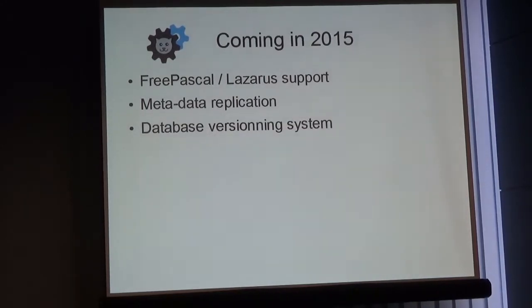Database versioning system: what I mean by that is we intend to push it a bit further so that you could have access to the back versions of the records. Currently, if there's a change, I just store the primary key, and then at replication time I figure out whether we need to update it, delete it or insert it.